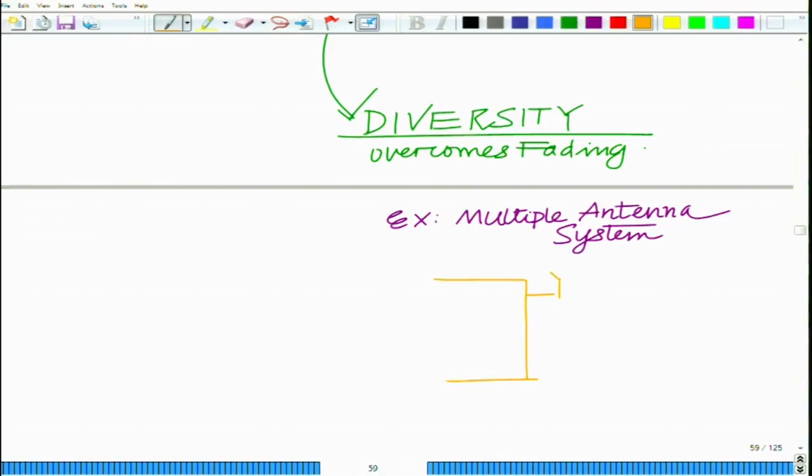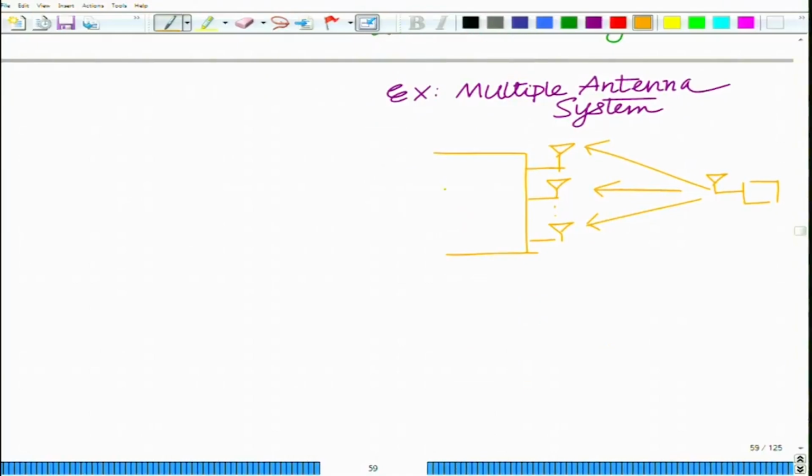You have the transmitter and the receiver, and from the transmitter you have multiple copies.